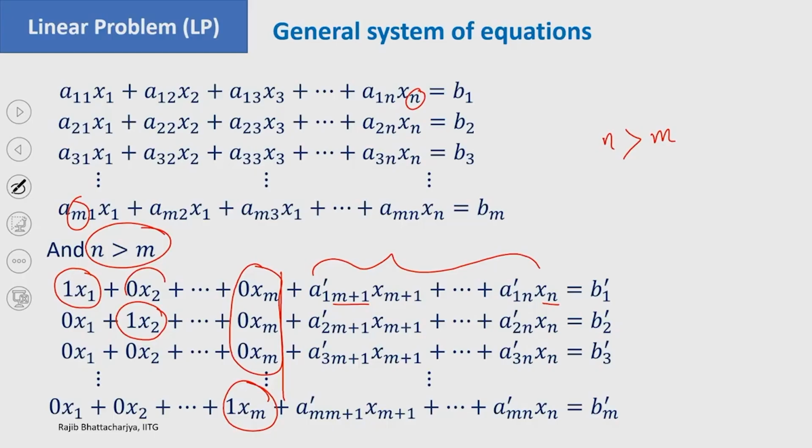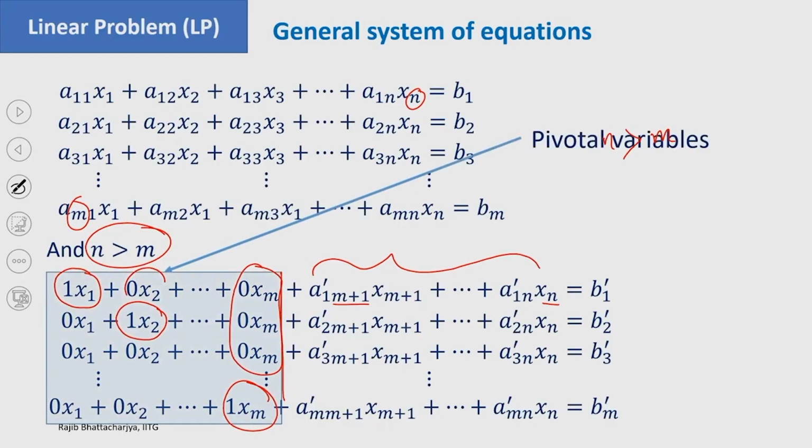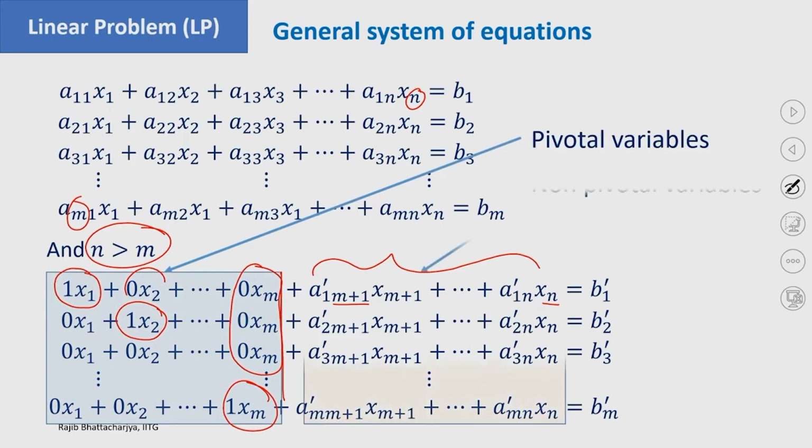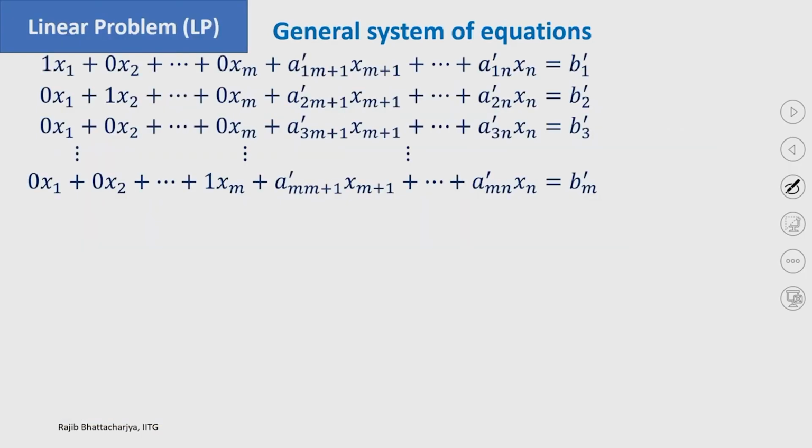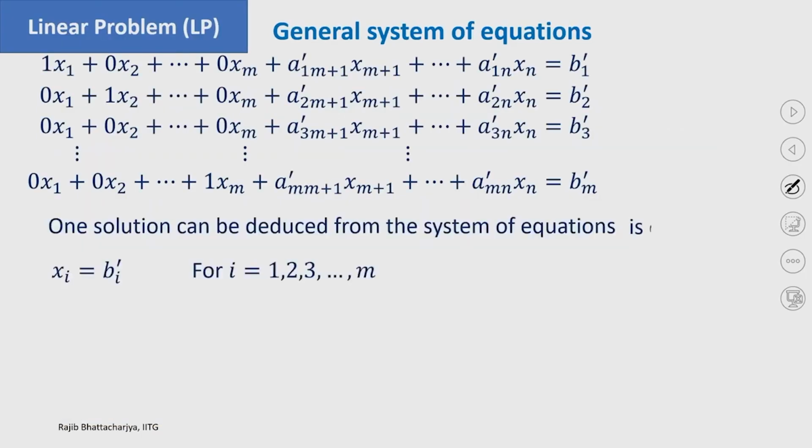Okay. So, one possible solution. These are the pivotal variables, these are the non-pivotal variables and these are the constants. Okay. So, therefore, for this particular problem, one solution that can be determined from the system of equations is x i equal to b i dash.